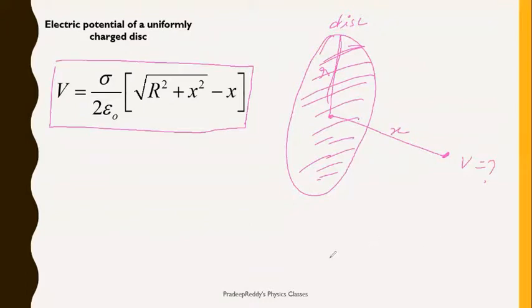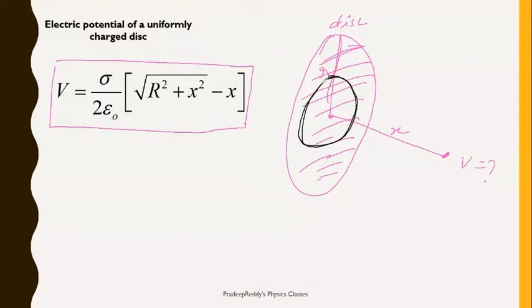Now in order to find out electric potential at this particular point, we have two methods. We can directly use the electric field equation, substitute it in the integration part, and find out electric potential over here. That is one way. The other way is you can choose a very small element within this disk.